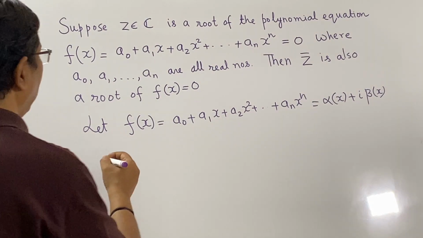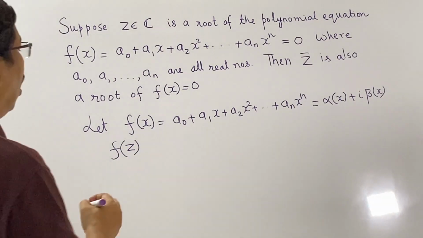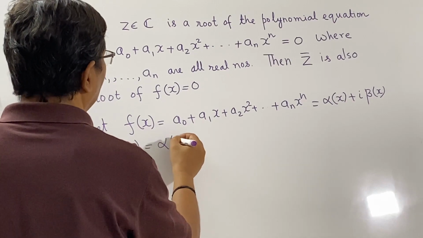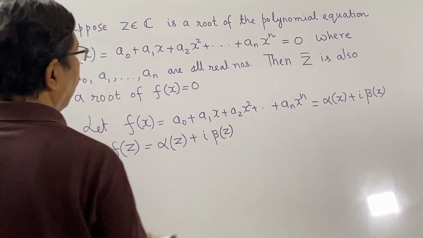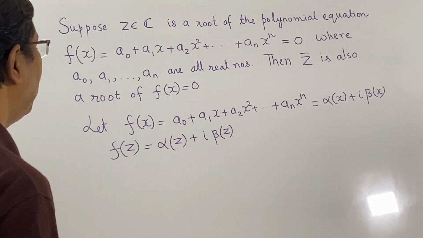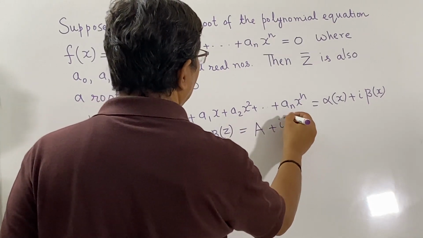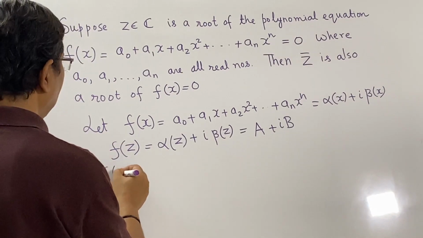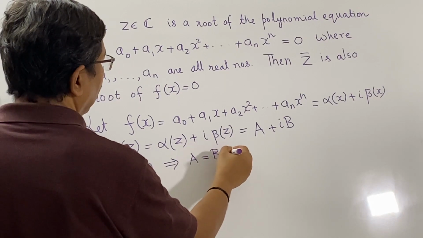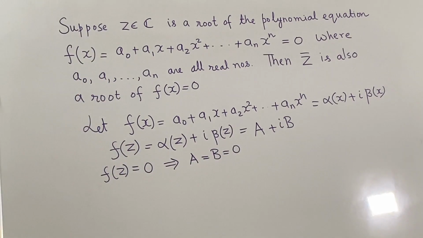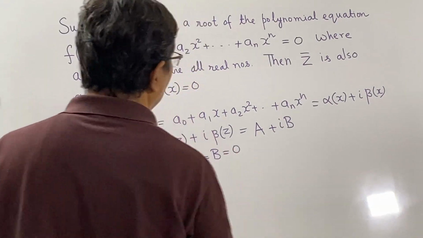In particular, when we are dealing with z, so if you are looking at f(z), then we will have α(z) + iβ(z), where α(z) and β(z) are two real numbers, and we will write this as a + ib. Now, since f(z) is equal to 0, we have a equal to b equal to 0. This is an important thing to remember, that in this representation, if f(z) is equal to 0, then a equal to b equal to 0.